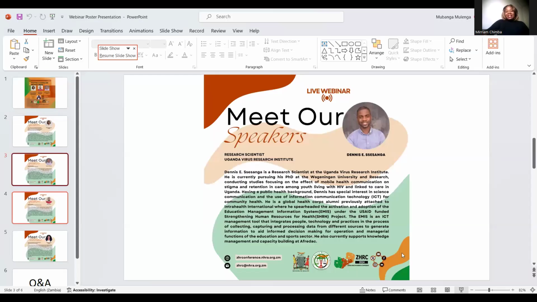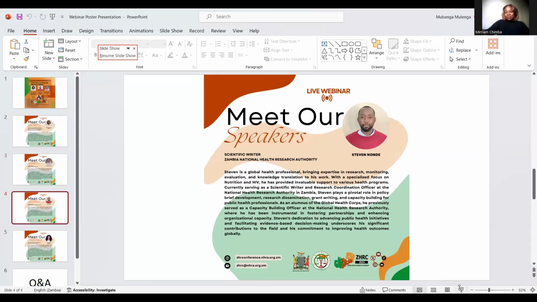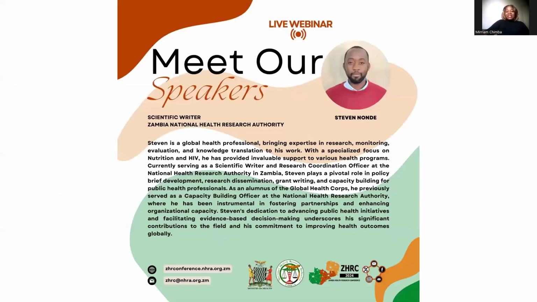Our third panelist is Stephen Nonde. He's a scientific writer at the Zambia National Health Research Authority. Stephen is a global health corps professional, bringing expertise in research, monitoring, evaluation, and knowledge translation to his work. He has a specialized focus on nutrition and HIV, and he has provided a lot of support to various health programs.